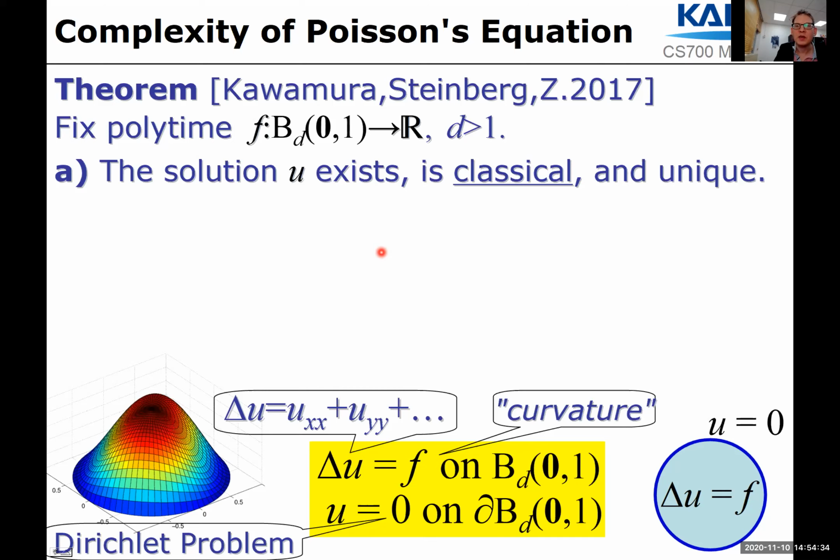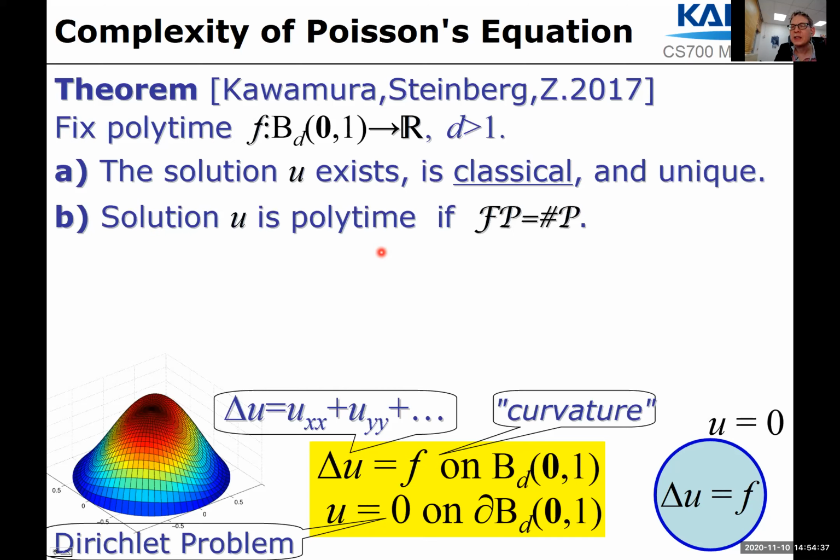Then Florian went on to prove the complexity characterization that we've already mentioned before, namely that the solution is polynomial time computable provided that the complexity hierarchy collapses at the level of sharp P, namely if FP is equal to sharp P, then the solution is computable in polynomial time, just like indefinite Riemann integration was polynomial time computable if FP is equal to sharp P.